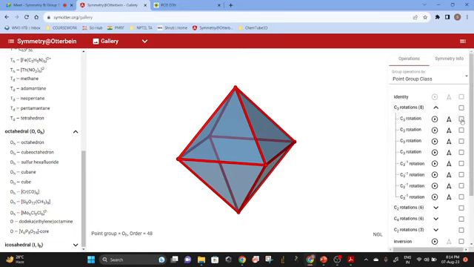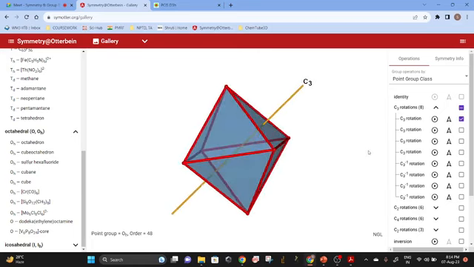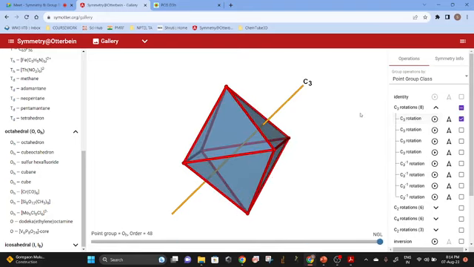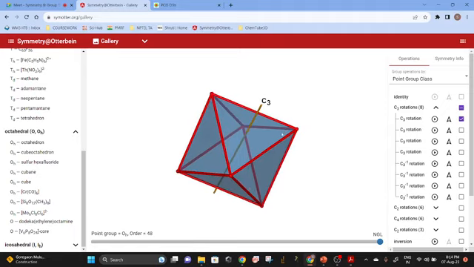Now let's see C3. It is passing through the diagonally opposite faces. So it has 8 faces, so diagonally opposite pairs will be 4. So there will be 4 such C3s. It is a little difficult to visualize, but you can see that this face is a triangle. All the faces are triangular.